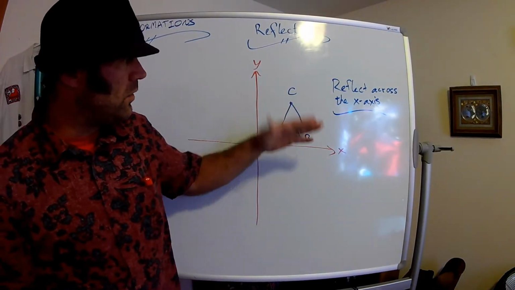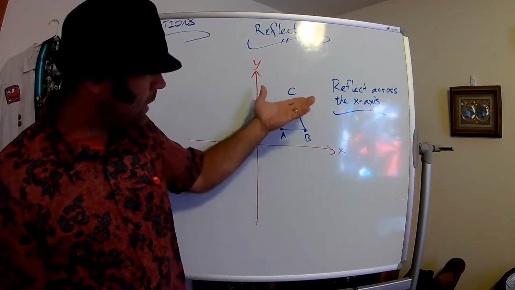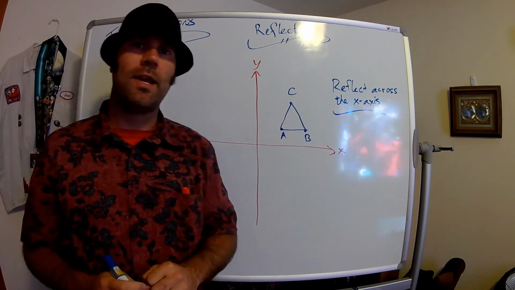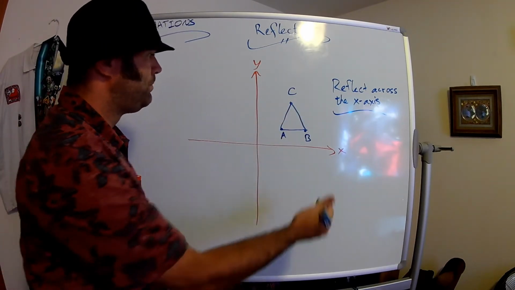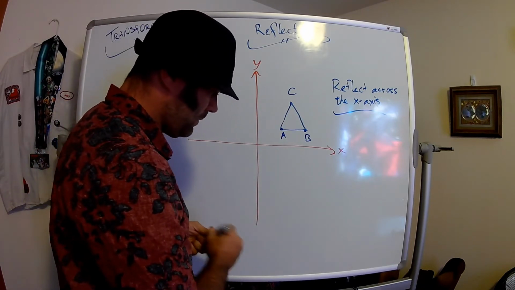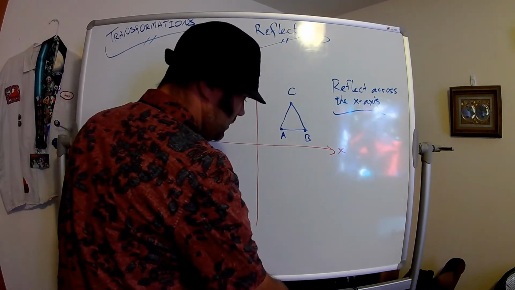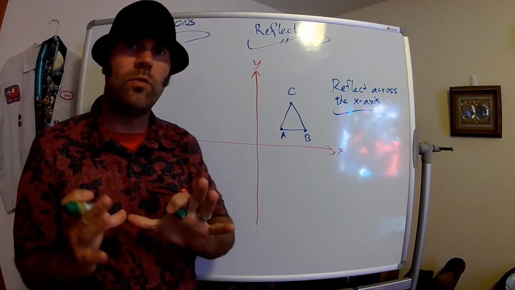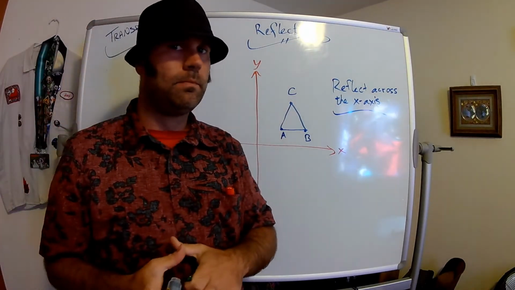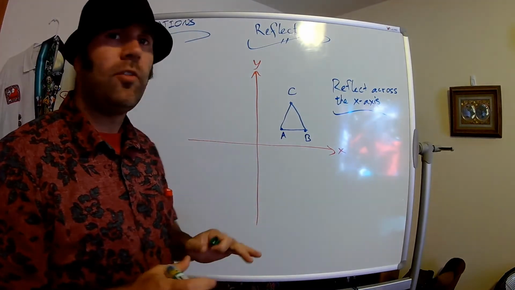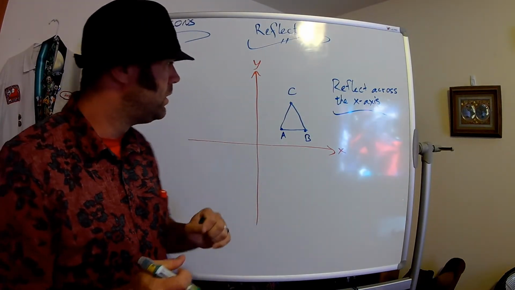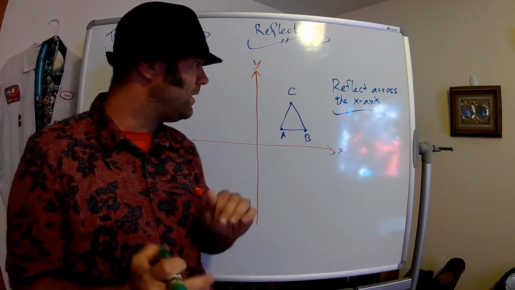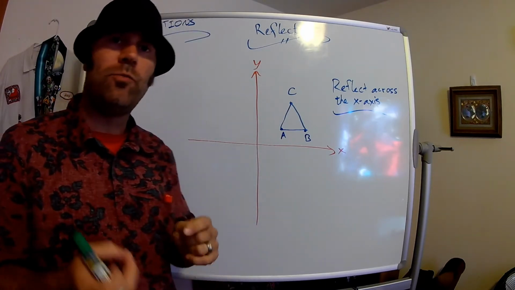We're just going to be mirroring the image across that x-axis. So what we would want to do is we would want to do one point at a time. This is much easier than trying to do the whole shape, although it is possible to do the whole shape at once. It's just easier to look at each point individually.